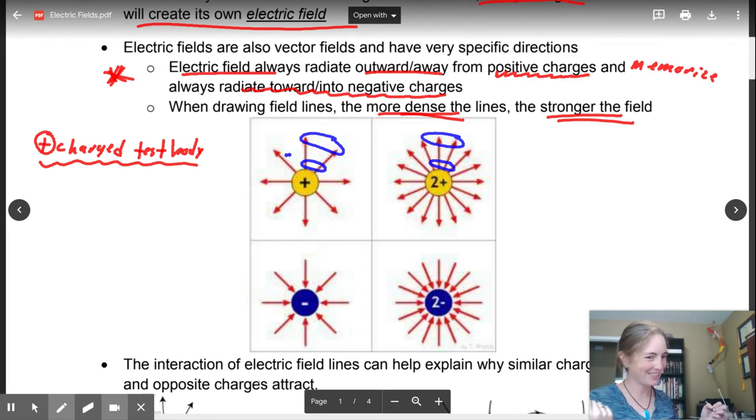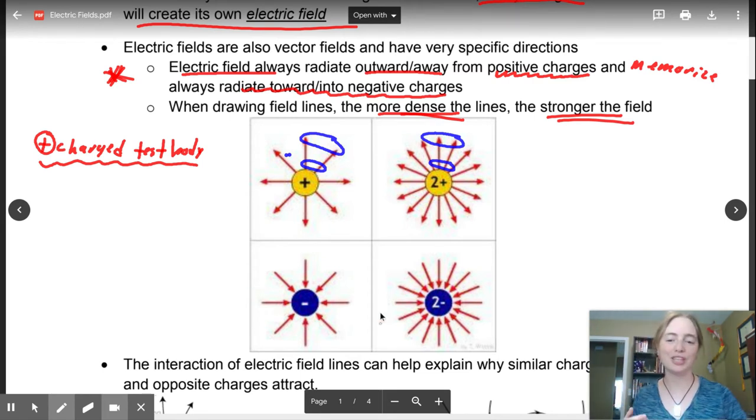Sounds good? Okay, so with this diagram here, you've got that negatively charged object and your field lines coming towards it. Any object you put in there with a positive charge is going to be attracted towards that. And once again, for line density, these lines here are farther apart than these lines.